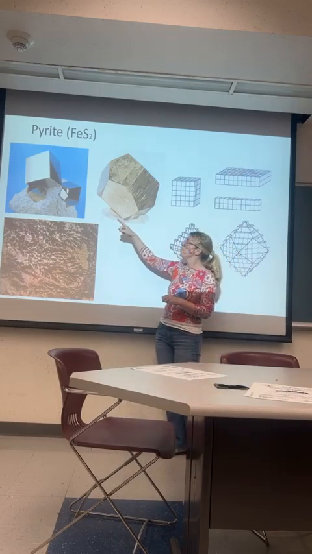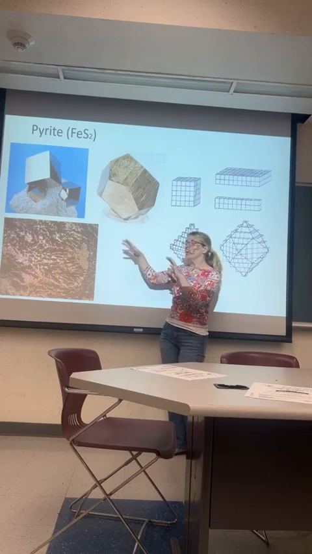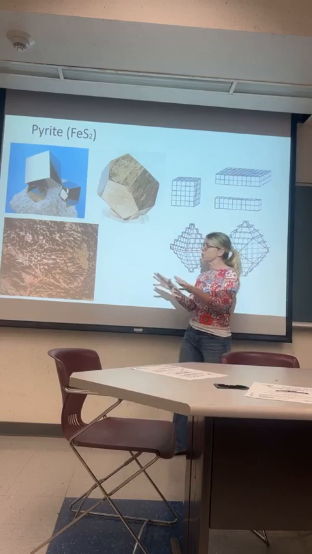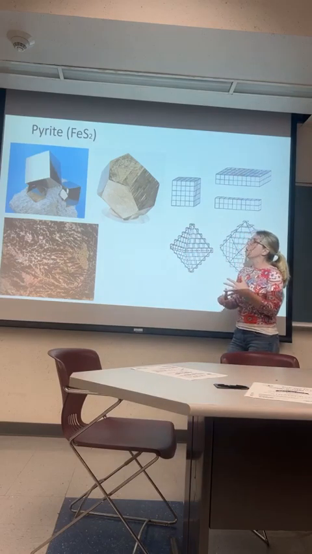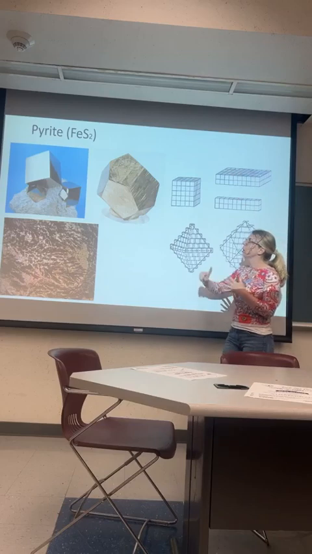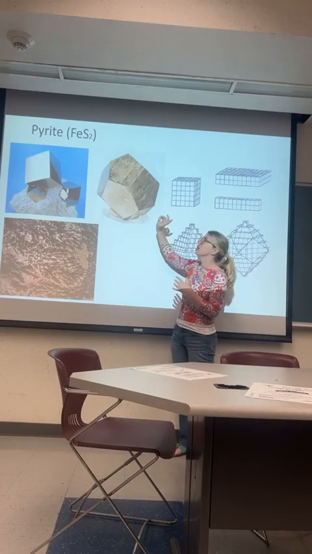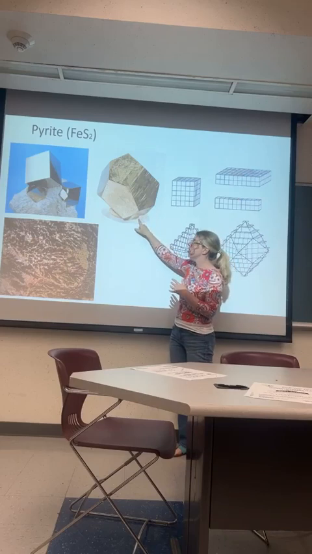For the rest of them, when you get a little slower growth, but still really high saturation of iron and sulfur, what you form are the pyritohedrons.